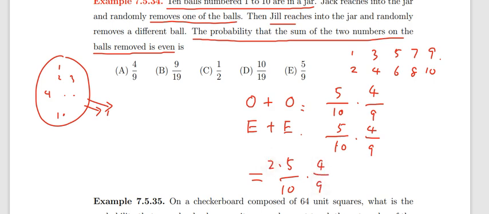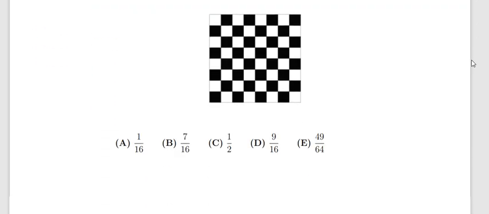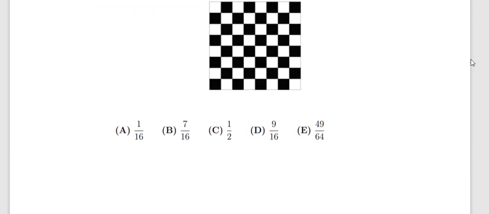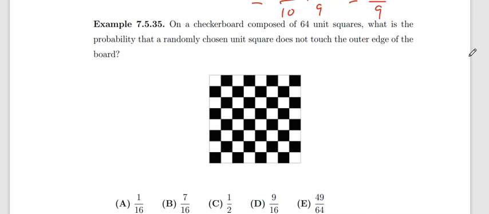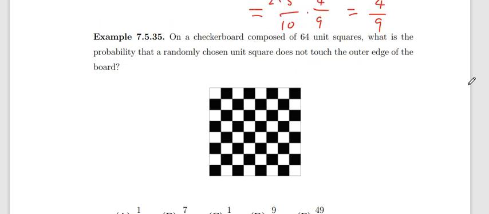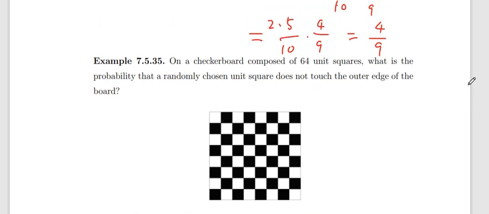Also, this cancels, so that equals 4 over 9. Okay, so we can stop here.